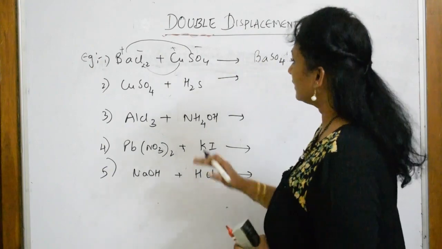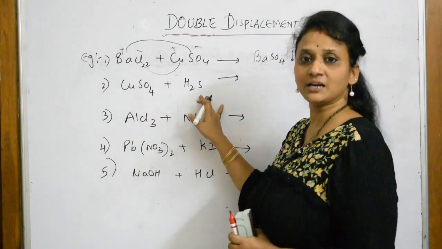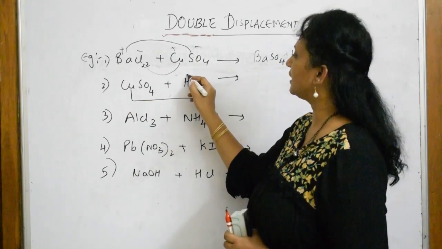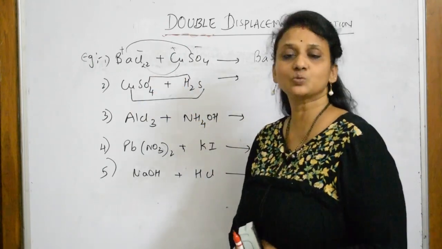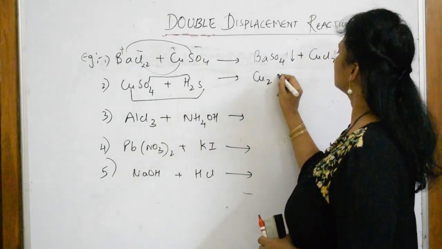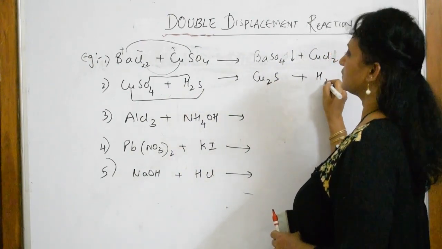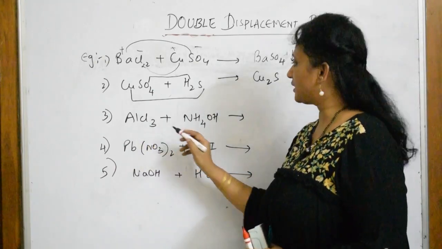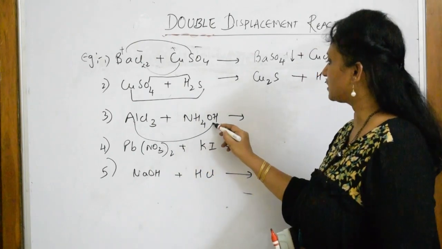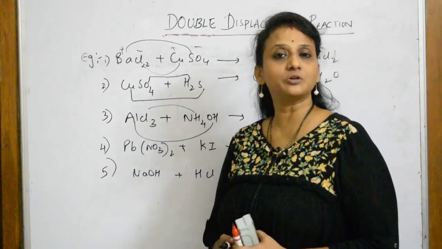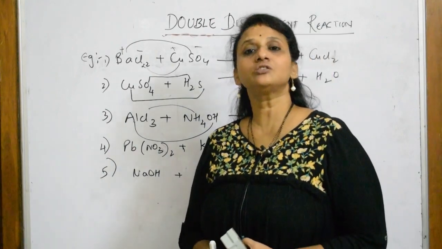A down arrow represents the precipitate, an up arrow represents the evolution of any gases. Right, here if I take copper sulfate and hydrogen sulfide, again copper combines with sulfur and hydrogen combines with oxygen forming water. So I get copper sulfide, CuS, plus water released. Next, aluminium chloride plus ammonium hydroxide. Aluminium combines with hydroxide, ammonium combines with chlorine. One thing students, I am not balancing it here. I have already taught you balancing.